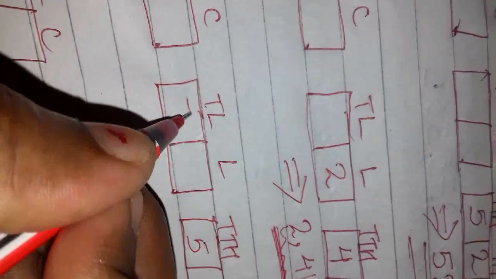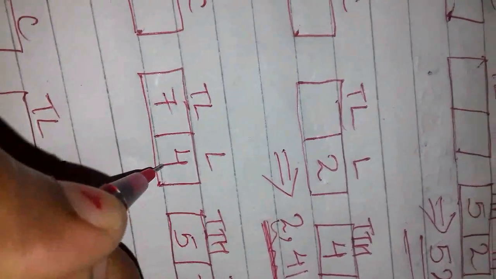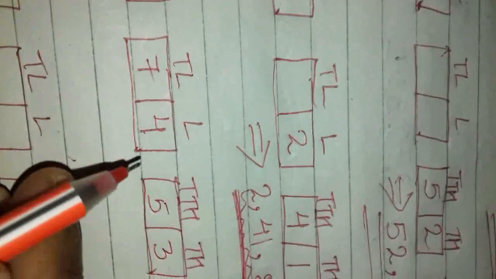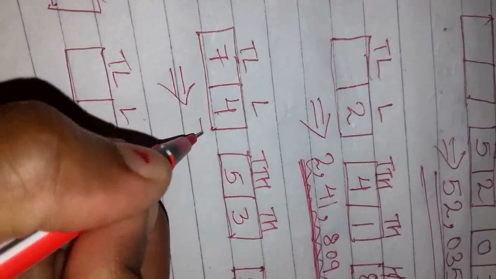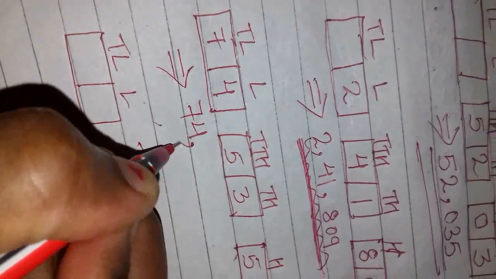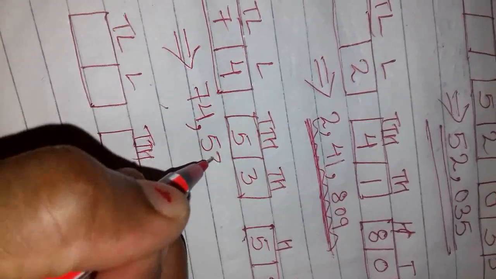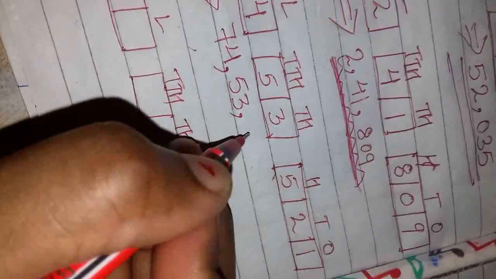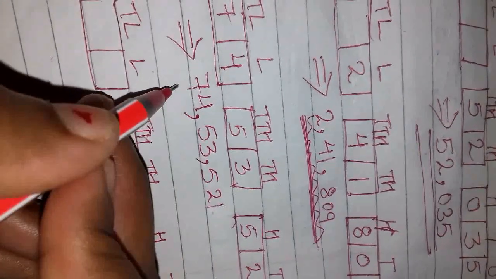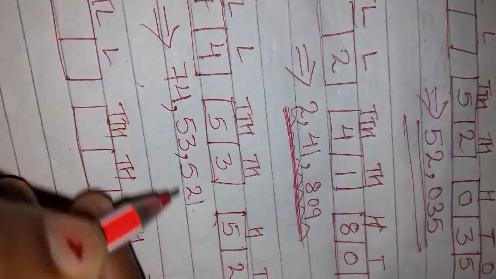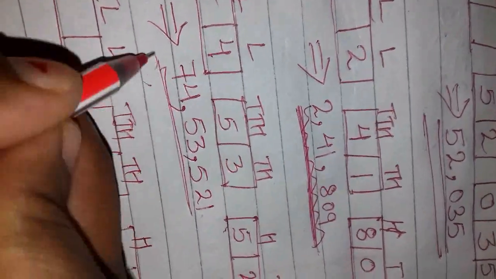It means 7 at 10 lakh and 4 at lakh. So how will we write this in figure? 74 lakh, lakh period over, 53,000, 1000 period over, 521, ones period. So 74,53,521. Like this way we will write in figures.